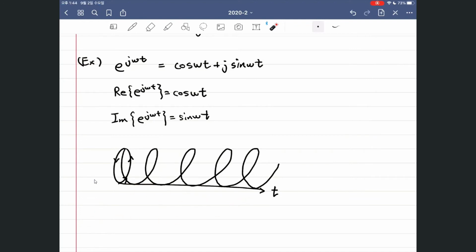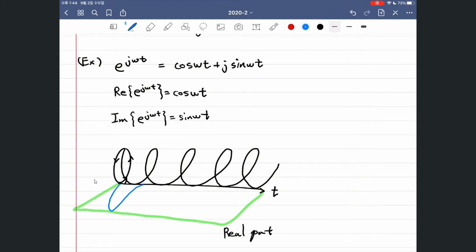If this part belongs to the real part, and you project this whole thing onto it, then maybe it goes like this. And this is a cosine of omega t.